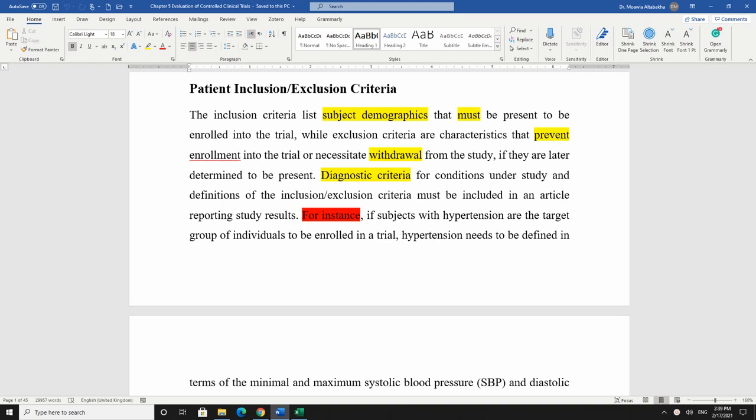What we completed in the last lecture was the title of the manuscript, the abstract, the introduction part, and lastly the methodology or the methods used in the clinical trial, where we were focusing on controlled clinical trials.